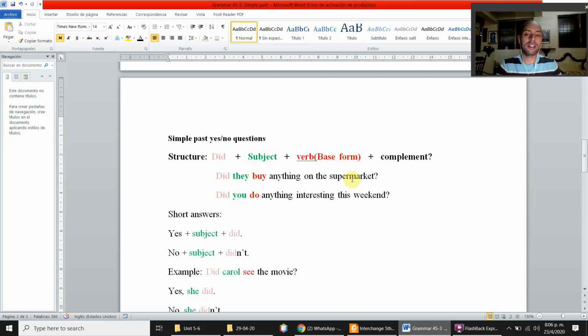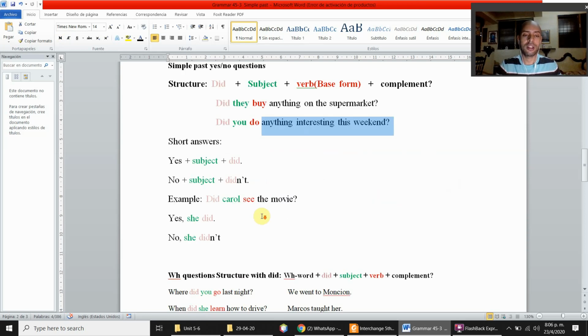Did they buy anything on the supermarket? The auxiliary did, the subject, and the verb, the base form, plus the complement. Did you do anything interesting this weekend? Again, the auxiliary, the subject, the verb, the normal form, anything interesting this weekend, the complement.